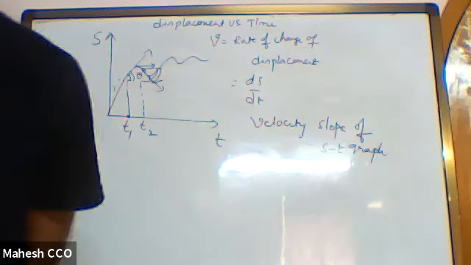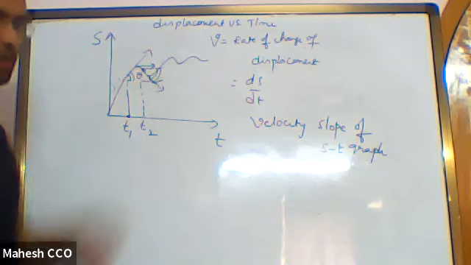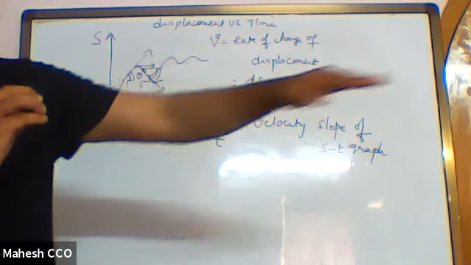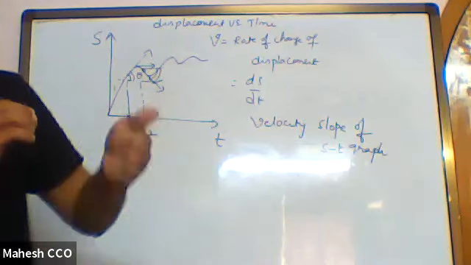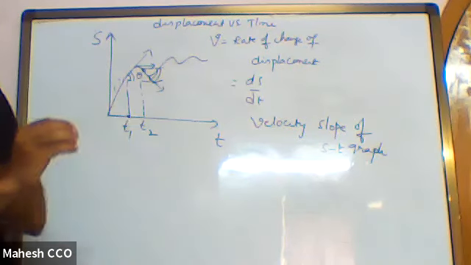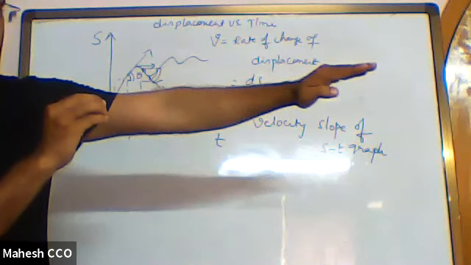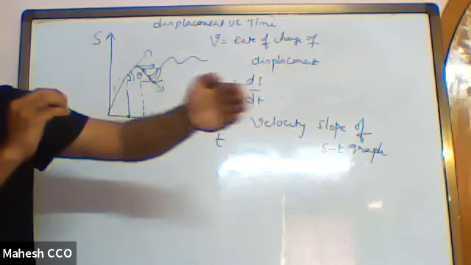Displacement itself need not be negative. It is still positive. Why? Because displacement is measured from the initial location. You have gone forward only. Although right now you are coming backward, that means your displacement will decrease. If your velocity is negative, it does not mean you will be behind the initial position. You are ahead of the initial position only, but for a moment you have tried to travel backwards.